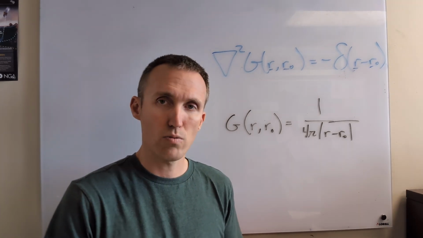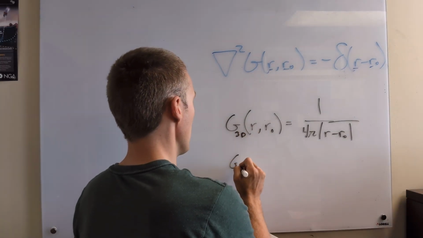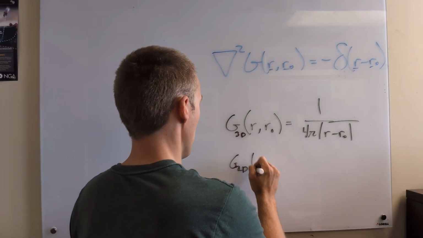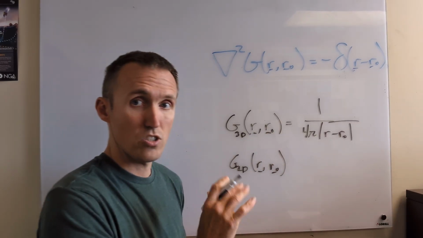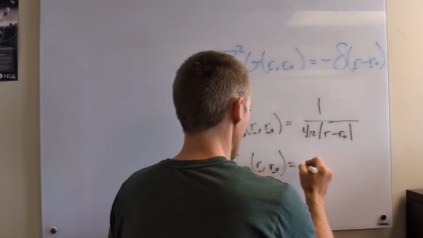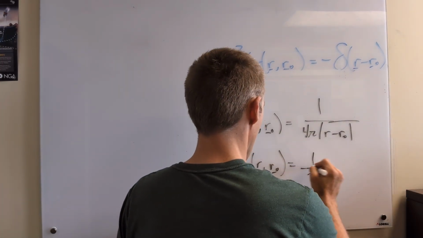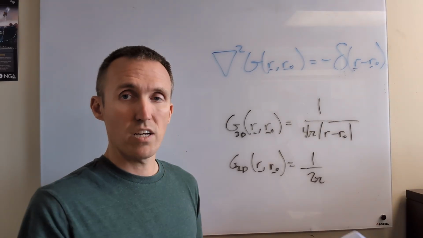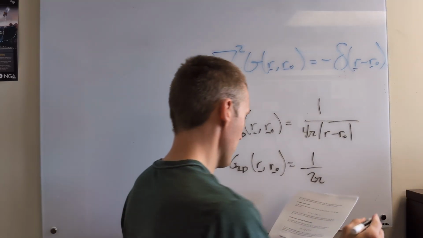In 2D, I'll just write down in 2D, this is 3D, G, 2D, G of R and R naught. So again, these R's are just the vector locations in multidimensional space. This is just going to be the same thing, very close. Slightly different constant because we're now integrating in only one angle instead of both angles.